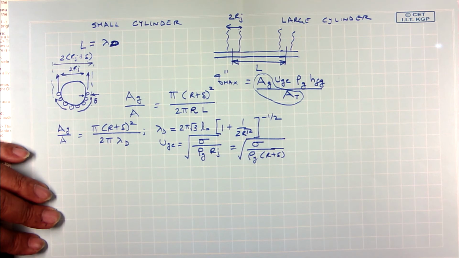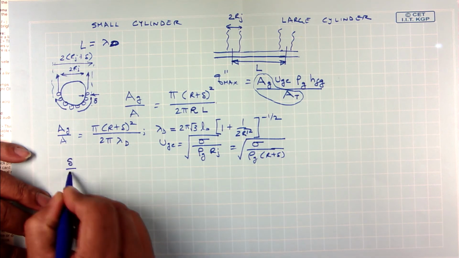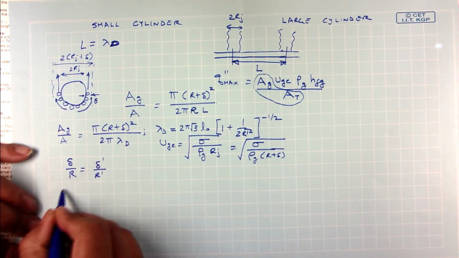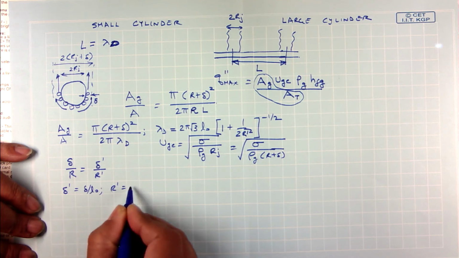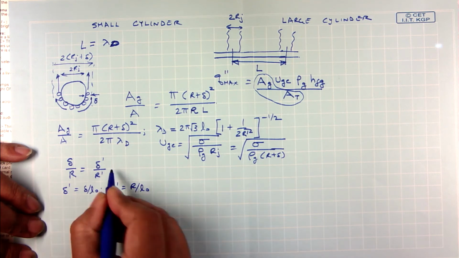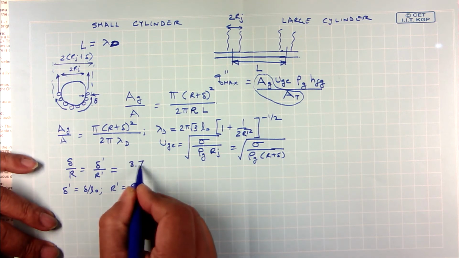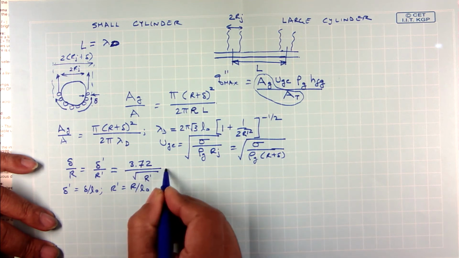So, Lienhard and Dhir did some experiments and they found that this delta by r, which is equal to delta prime by r prime, where by delta prime I mean delta by L naught, and by r prime I mean r by L naught, is equal to 3.72, an experimental correlation, divided by r prime minus 1.